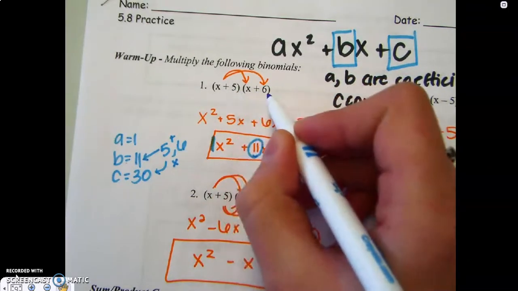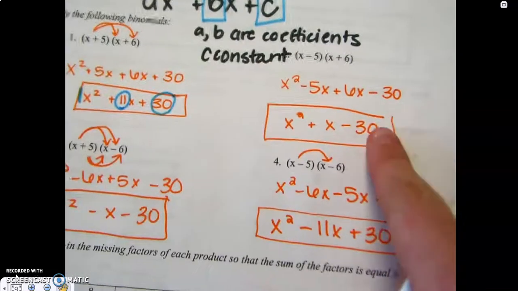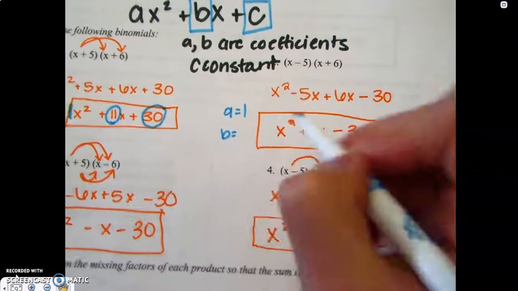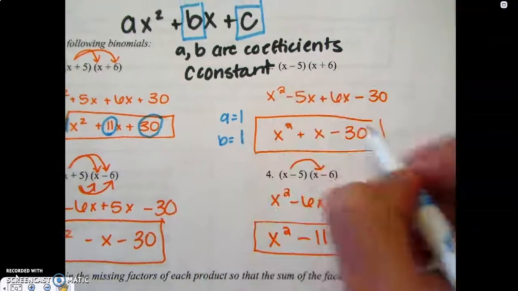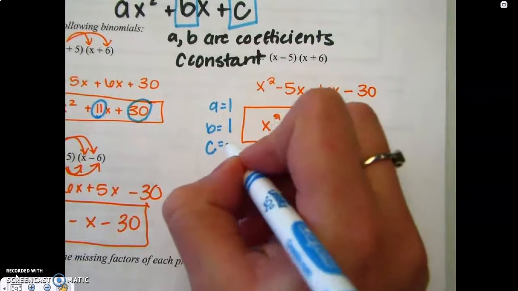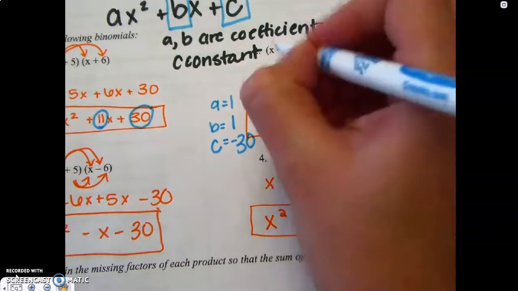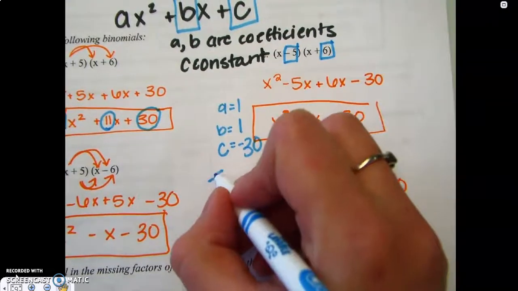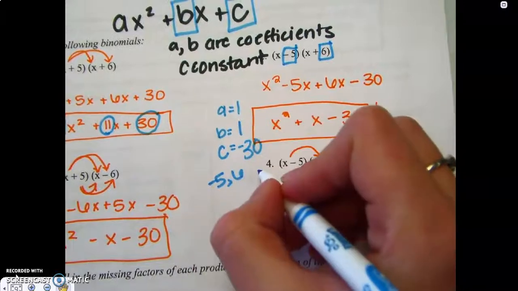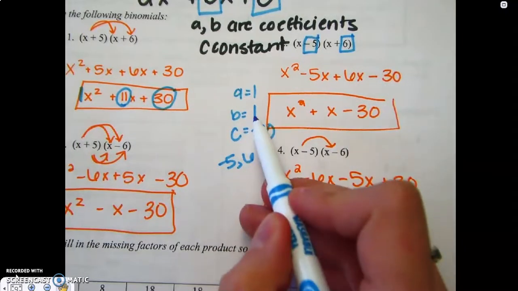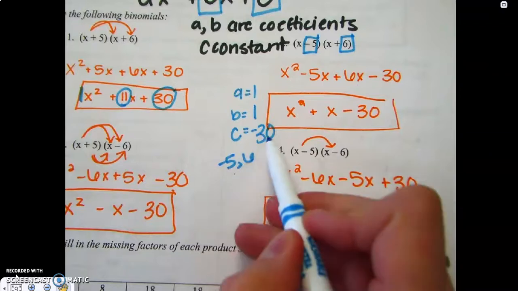So that pattern is really important. If I look here, my A is 1, my B is positive 1 again, and my C is negative 30. So again, if I look at negative 5 and 6, what do those have to do with 1 and negative 30? Well, if I add negative 5 and 6 together, I get 1. And if I multiply them, I get negative 30.